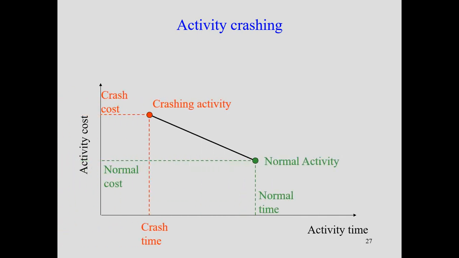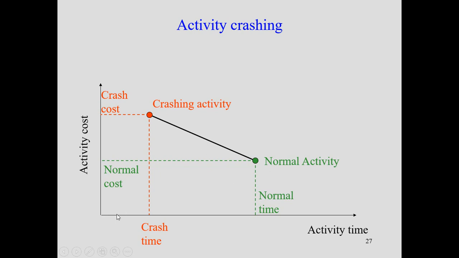So now let us look at the crashing activity and how you calculate the crash slope. Here you can see that the y-axis is the activity cost and here is the time. The green text indicates the normal activity, and the red one indicates the crashing activity.